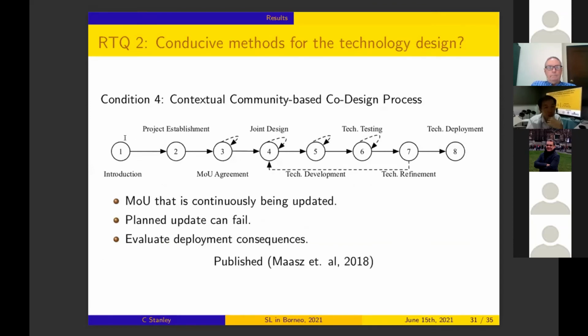You have your introduction and project establishment, but why don't we have an MOU, similar to what we do with universities, but with the communities, that is flexible, that is changed whenever the need arises. And so joint design, and then technology development, testing, obviously the refinement. So this is what we also proposed in the co-design process.